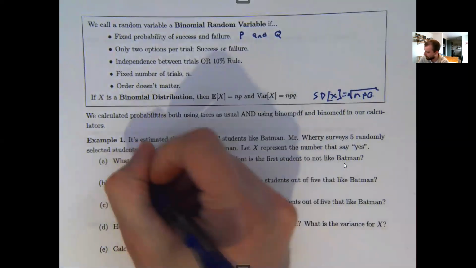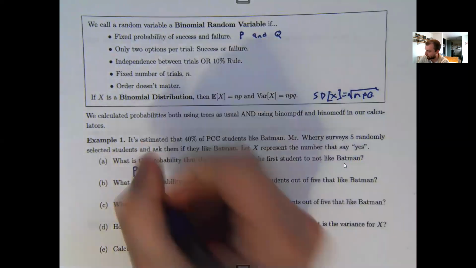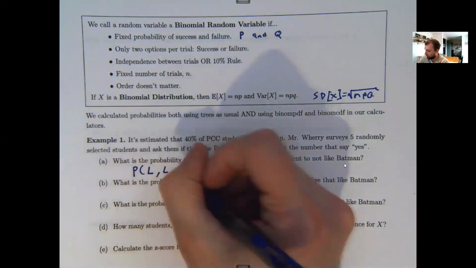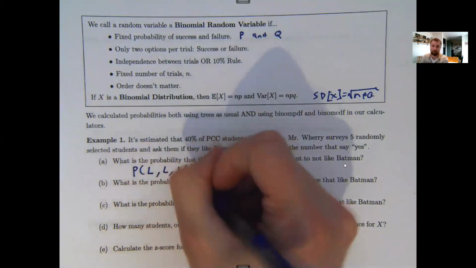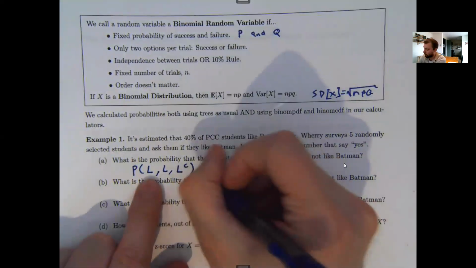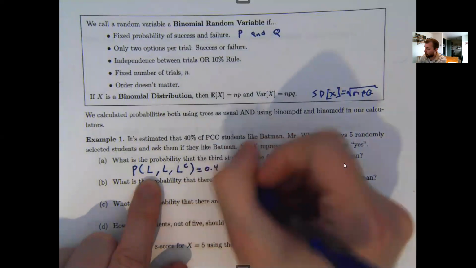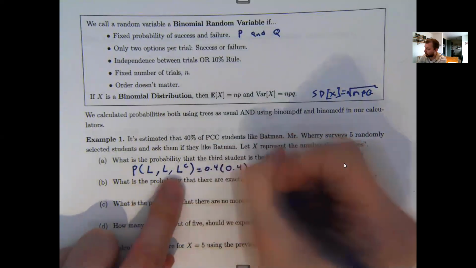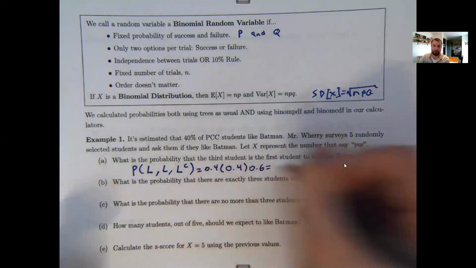This would mean the first person likes, the second person likes, and the third person does not like. If I can list out the probabilities and I can assume independence between trials, I can multiply these events together. This is just what the multiplication rule gave us, or what we got when we were using trees. So I'd have 40% times 40% times 60%.